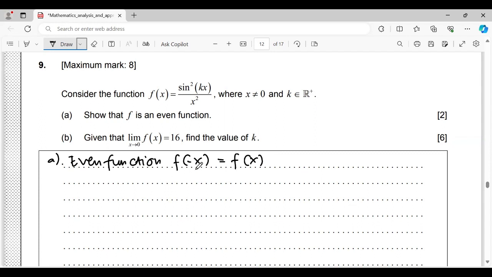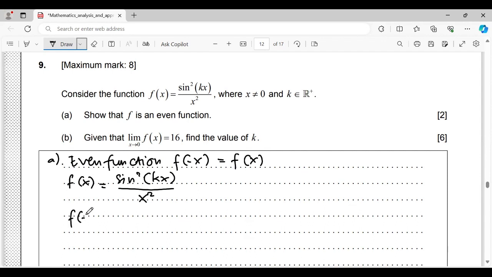So we are going to prove that f(-x) equals f(x), right? f(x) is sine squared kx over x squared.